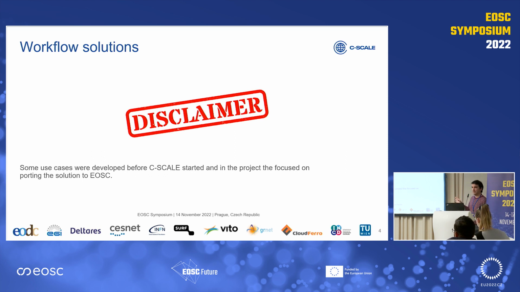And some of them were already developed before the C-SCALE project started, so they had a more mature TRL before C-SCALE started. So the goal with C-SCALE was to port the same workflow from a different infrastructure into C-SCALE and see what we can learn from porting the workflow in the infrastructure.